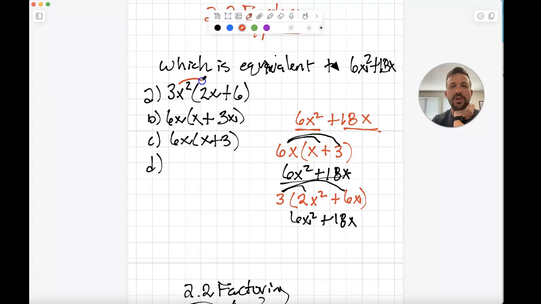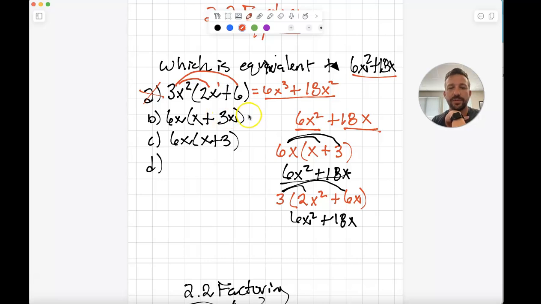So watch, let's do that real quick. 3x squared times 2x: 3 times 2 is 6, and x squared times x, when you multiply, you add your exponents, so 2 plus 1 leaves 3. Then 3x squared times 6 is 18x squared. Is that the same as what we wanted? It's not, so that would not be a good answer.